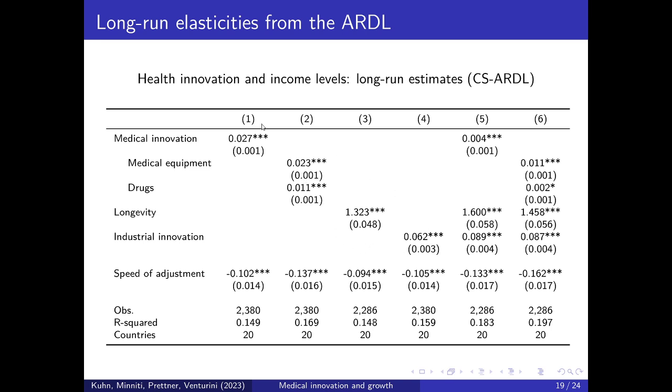Now, the important question, however, is what happens if we include all of them in one specification. That's in column 5. And we see here the significance of longevity is still here and important, and the coefficient size even increases from column 3 to column 5, which implies that longevity is an important transmission channel of the effect of medical innovation on growth.